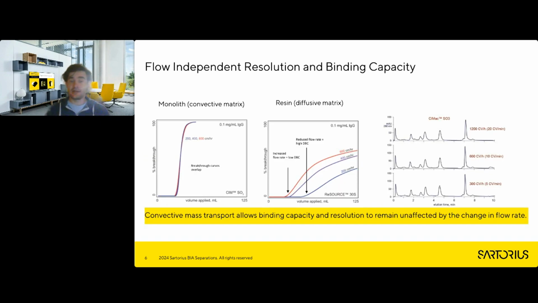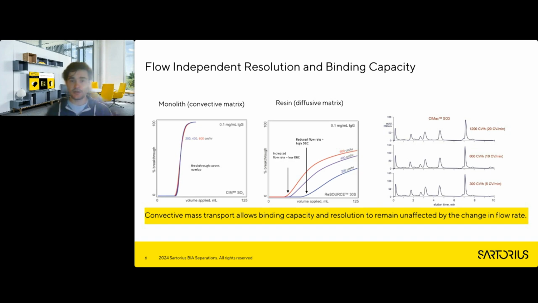Here we have an example where we did a test between a monolith and a standard porous particle. We tried a column format at 3 different flow rates, loading the target molecule onto the monolith, and at all 3 flow rates, the breakthrough curve came out at the same time.